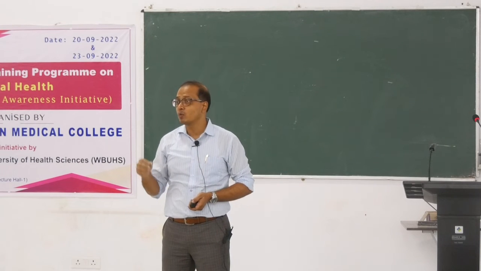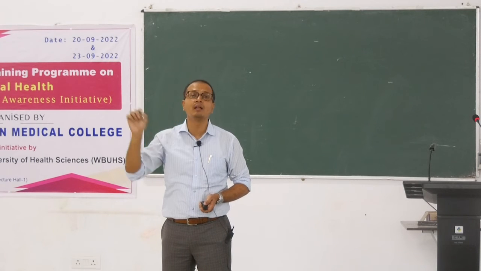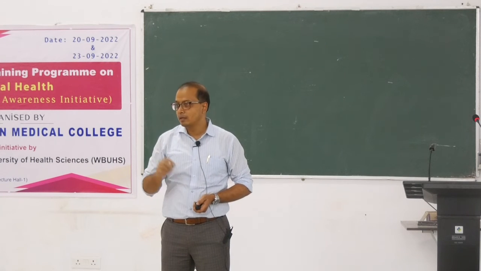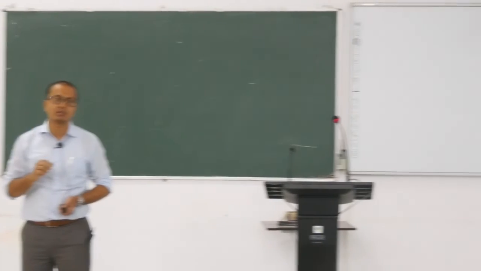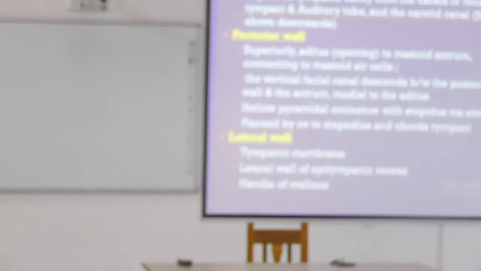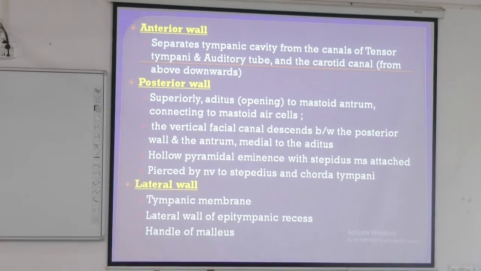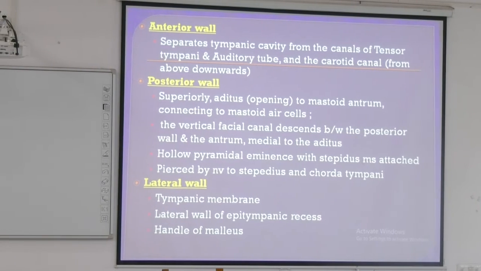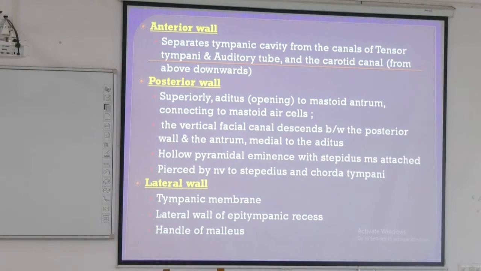Besides that, we have two tunnels lying on top of it, transmitting two structures, one above and one below. The upper tunnel transmits the tensor tympani muscle, which comes from the wing of the sphenoid and goes to the handle of the malleus. The lower canal transmits a tube known as the auditory tube, the Eustachian tube.